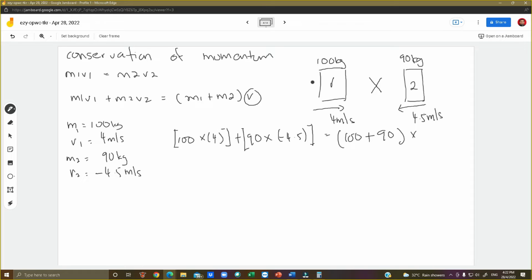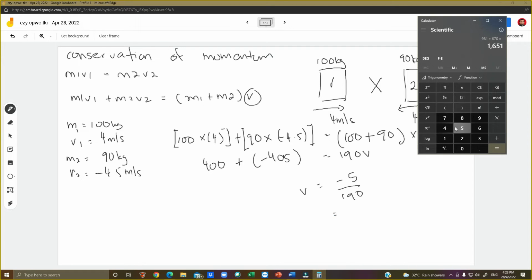So one needs to be negative. Only then can you solve this problem. As long as you don't put the negative, you are not going to get the right direction.